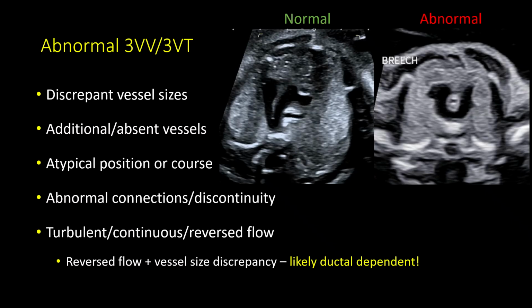Turbulent, continuous, or reverse flow is always abnormal in the chest. And remember that when you have reversed flow plus a vessel size discrepancy, you're likely to have a ductal-dependent lesion.